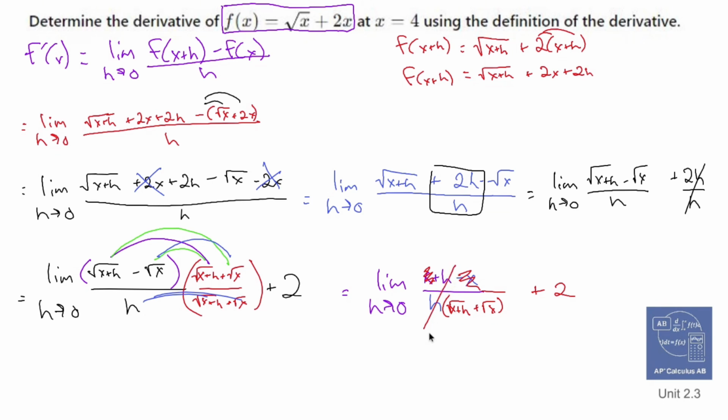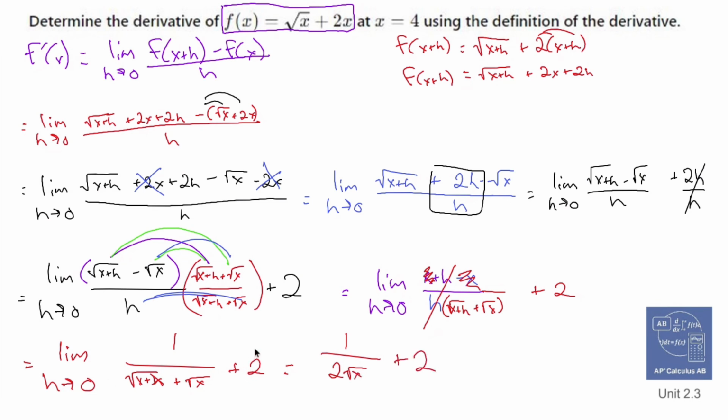Now the h's cancel out. How about that? So we have the limit as h approaches 0 of 1 over root x plus h plus root x, plus 2. Now I can plug in my 0 and get 1 over root x plus root x, so 2 root x, plus 2.